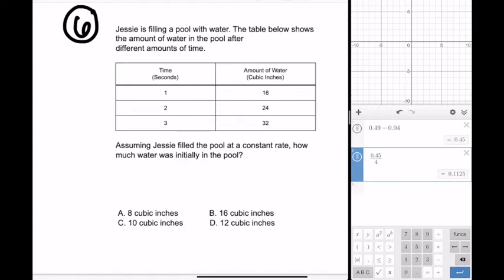Jesse is filling a pool with water. The table below shows the amount of water in the pool after different amounts of time. Assuming Jesse filled the pool at a constant rate, how much water was initially in the pool? So what it's asking us to find is that initial value, or the y-intercept.